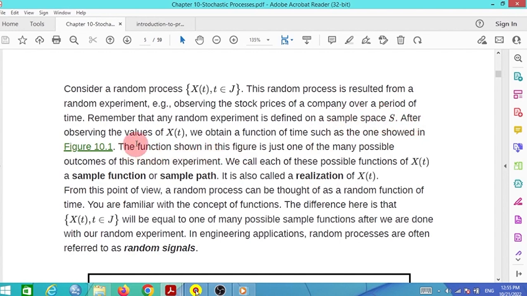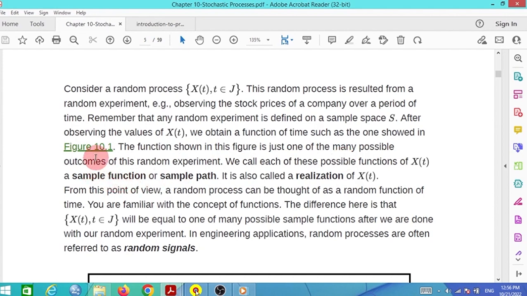After we observe the value of x(t), we obtain a function of time, such as the one shown in figure 10.1. The function shown in this figure is just one of the many possible outcomes, okay?